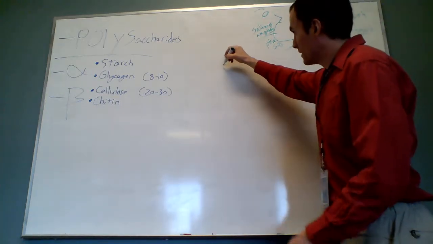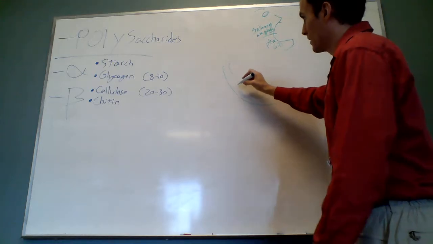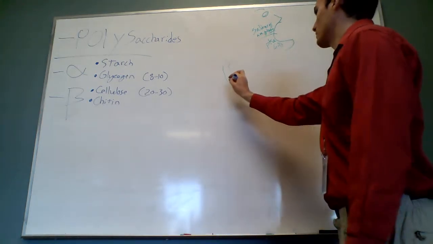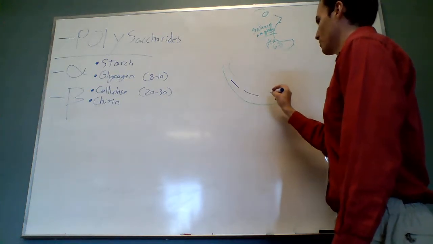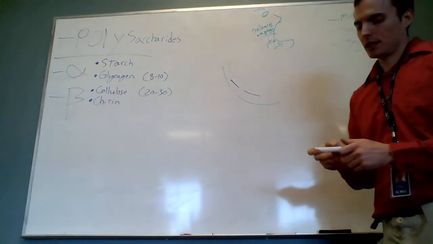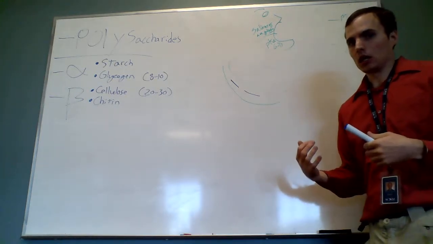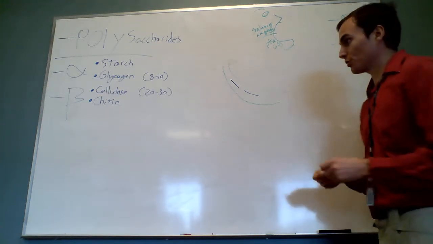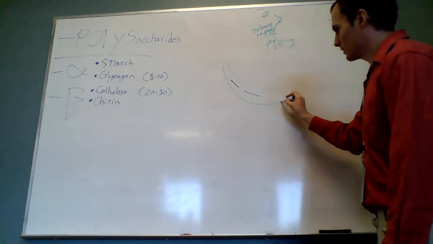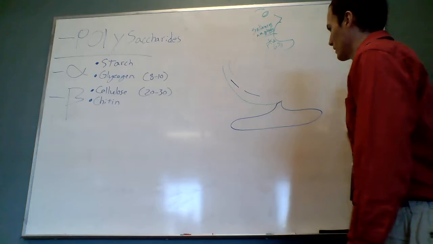Alright, so it's in the blood. Here's the blood, and I'm going to make glucose blue dots. Alright, here's glucose, because I think you'll be able to see it better. Glucose is floating through the blood. Now, the first thing that really happens after you eat, your pancreas is going to notice, whoa, so let's just say that this right here, honestly I haven't seen the pancreas drawn a whole lot, so forgive me.